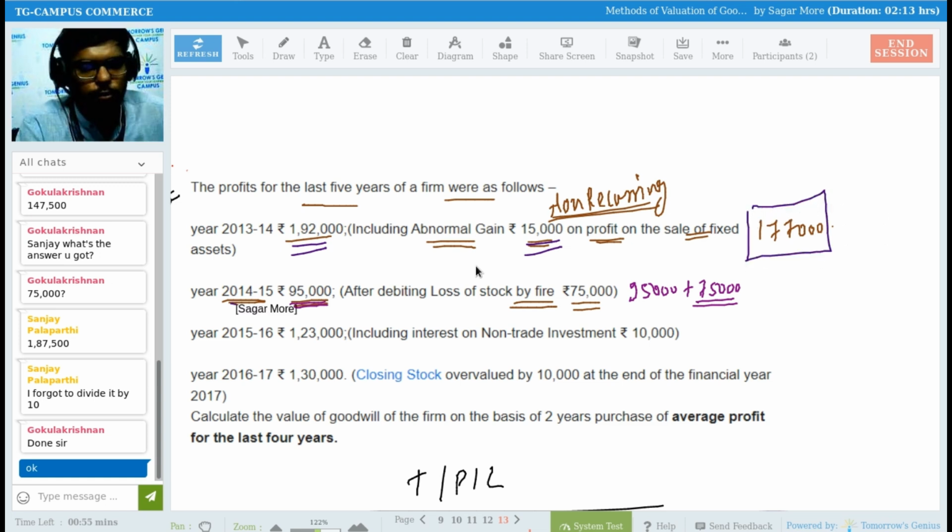Now in the year 14-15, 95,000 is the profit given to me, and they are saying in brackets, after debiting, so it means they have recorded on the debit side loss of stock by fire 75,000.